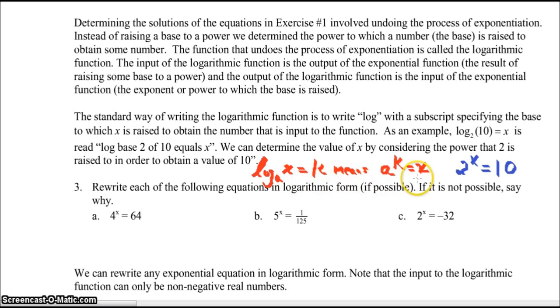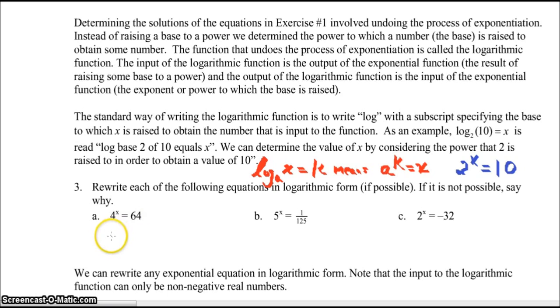So there's our definition of the logarithm. Notice that the output of the logarithm is the input of the exponential. It's an exponent. Rewrite each of the following in a logarithmic form if possible. If not possible, say why.